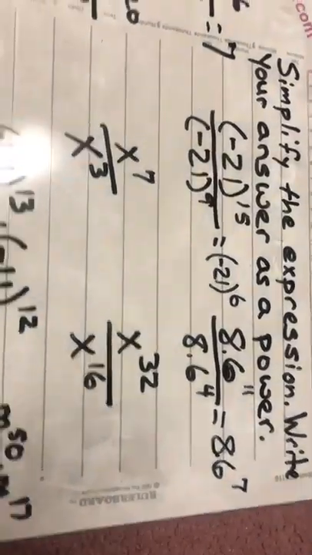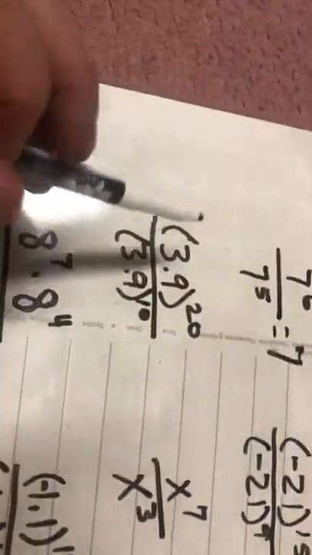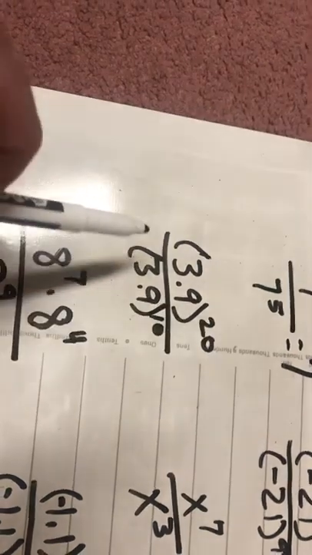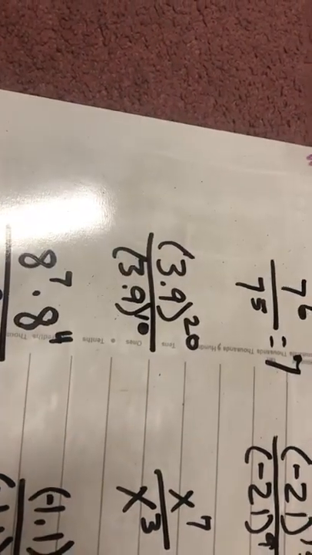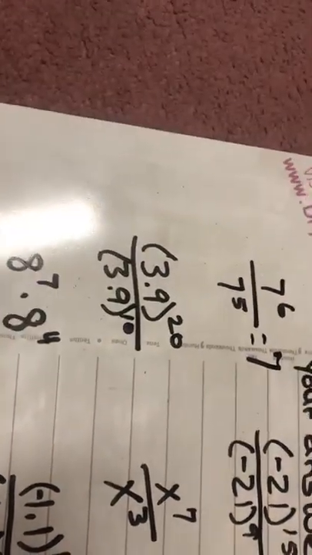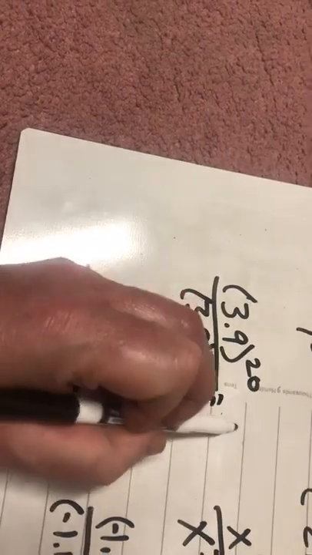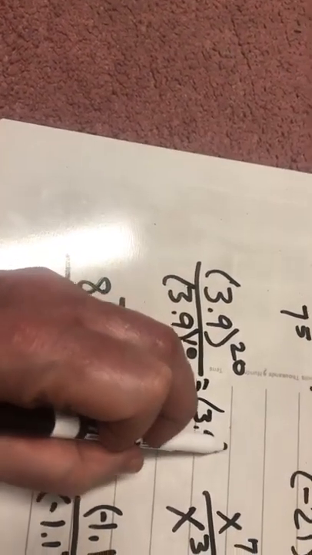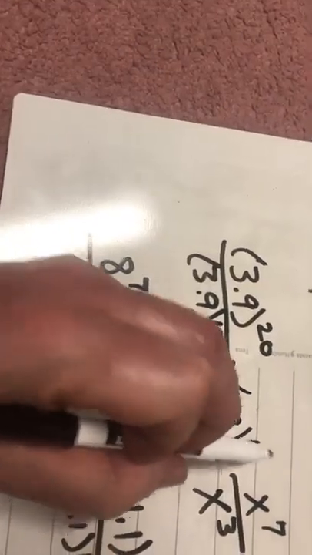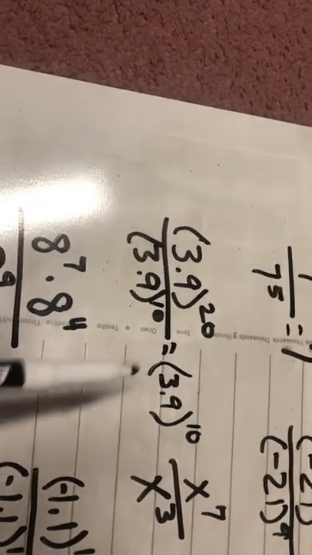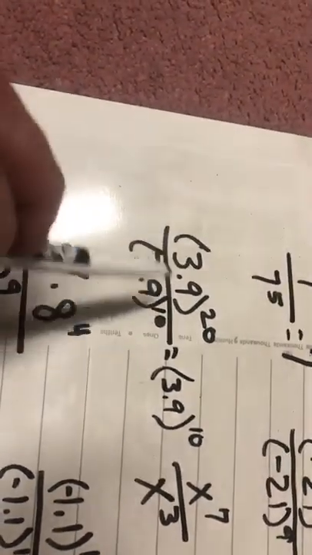You get the idea. This isn't real hard, 7th grade. 3.9 to the power of 20 divided by 3.9 to the power of 10. Same base number, 3.9. So all I'm doing is 20 minus 10. Well, 20 minus 10 is 10. So this is going to be 3.9 to the power of 10. Now you will notice how in this one they had parentheses in the original problem.